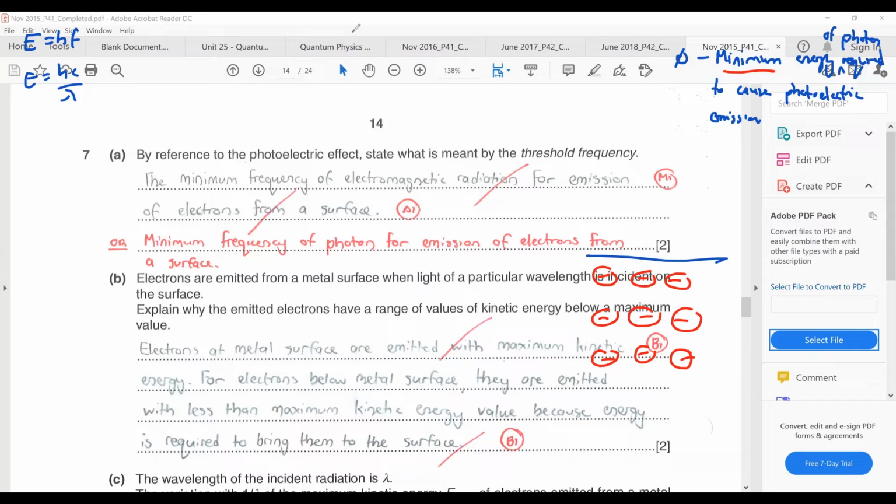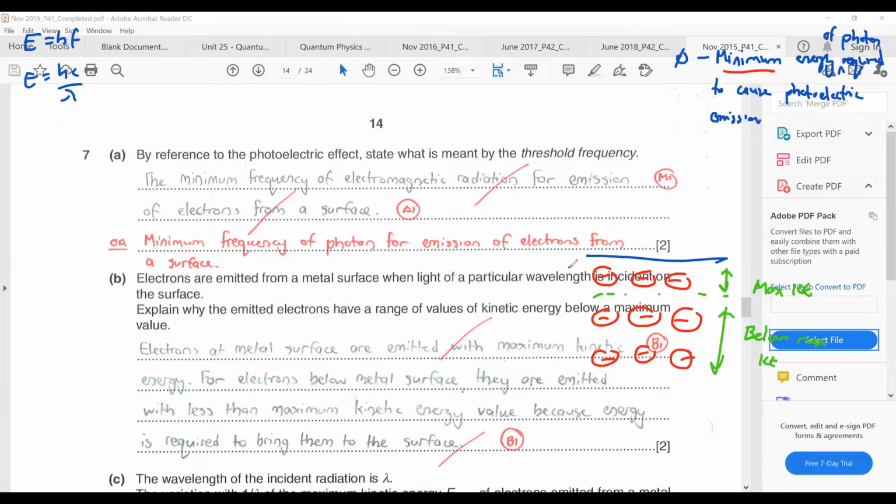Explain why the emitted electrons will have a range of KEs below a maximum value. So I kind of explained that to you just now already, where I talked about only electrons at the metal surface itself would have max KE. Only this part here would have max KE, and then here would be below max KE, right?